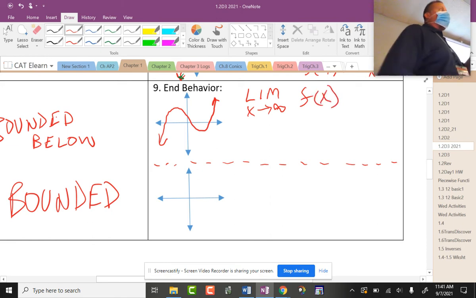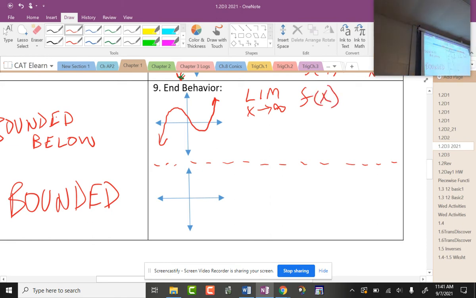I'm not writing this down because this is not the first time you're seeing it, but I'm teaching it like it is the first time. This really means as x approaches infinity, what is the limit of y, or what does y approach? So as I plug in big numbers for x, where do the y's go?